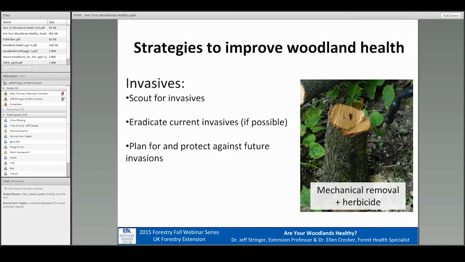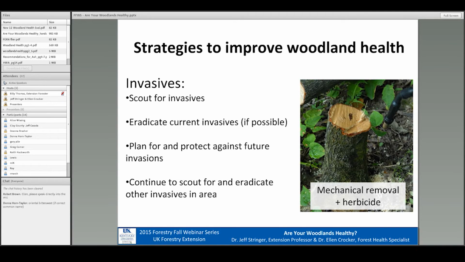So this could involve planning for the future, so continued scouting of invasives in your area, keeping informed about new invasives as they come in. And it could also mean protecting against future invasions, as in when you know there's going to be a disturbance in your woodland, planning for what's going to come up after that disturbance.